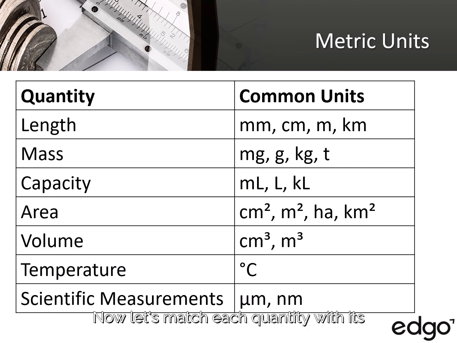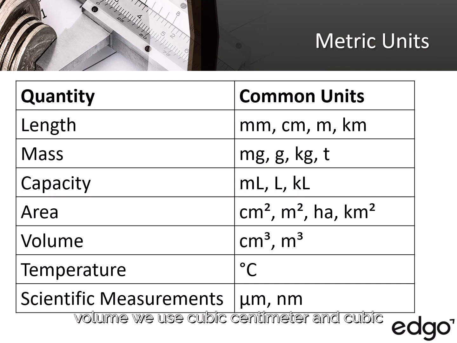Now let's match each quantity with its common metric units. For length, we use millimeter, centimeter, meter, and kilometer. For mass, we use milligram, gram, kilogram, and ton. For capacity, we commonly use milliliter, liter, and kiloliter. For area, we use square centimeter, square meter, hectare, and square kilometer.